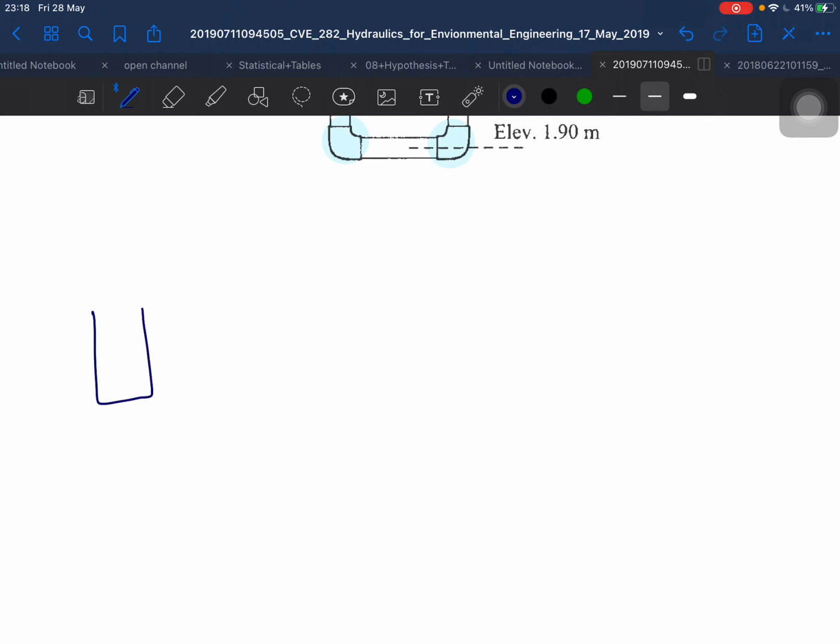This is, we can say, tank number 1, and the water is flowing this way, and then it suddenly enlarges for a moment, and then goes to a smaller diameter. This is called the inlet. This is called the sudden expansion, as I mentioned earlier. This is called the sudden enlargement.